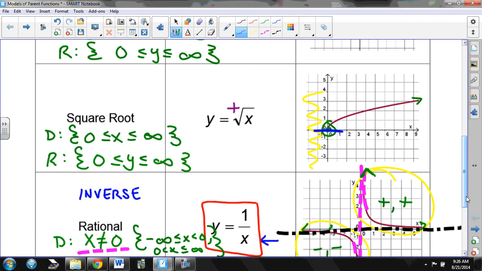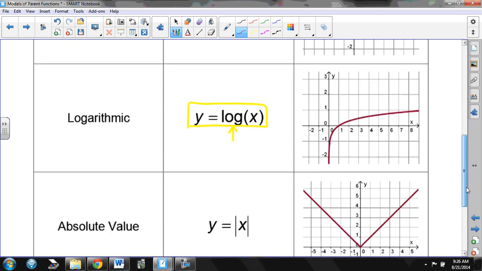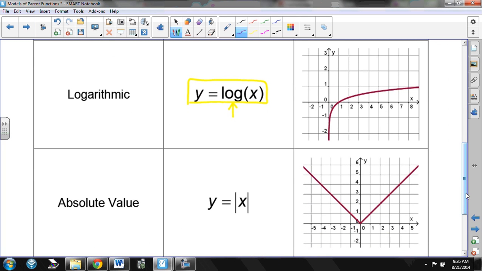Compare this square root graph to this logarithmic graph and see if you can figure out what the difference is. Okay, hopefully you noticed that the square root parent function starts at 0.